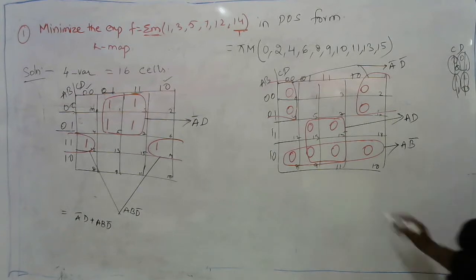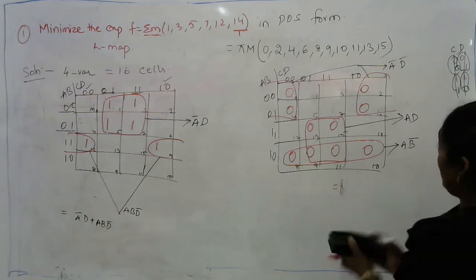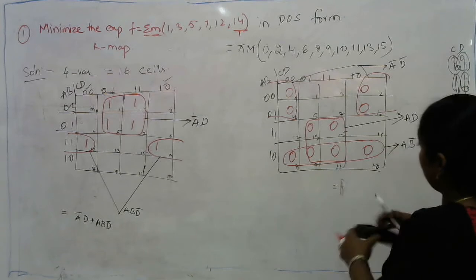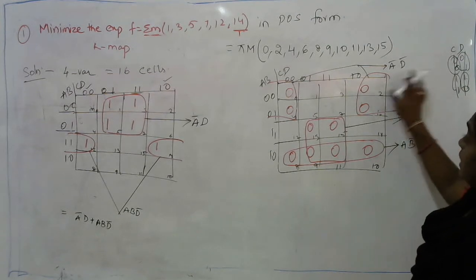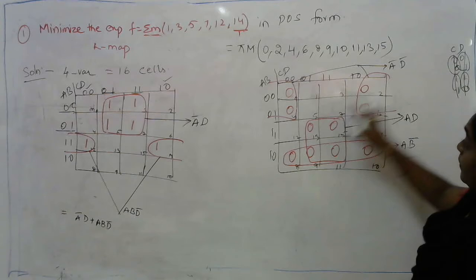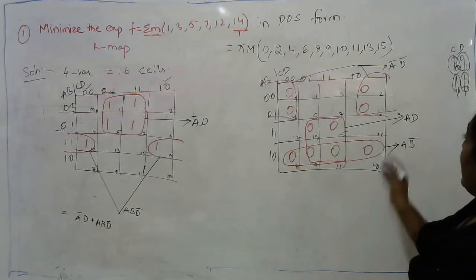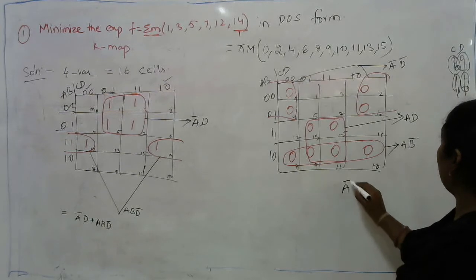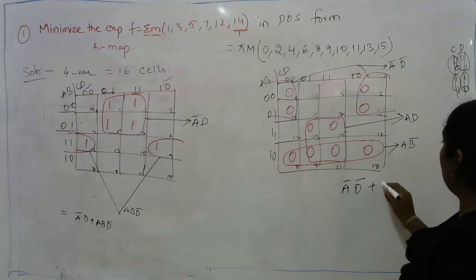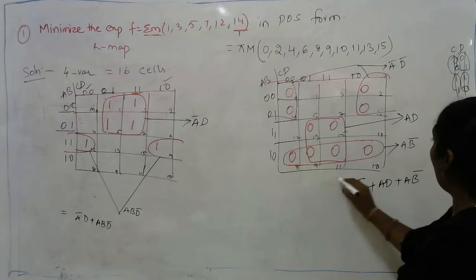So the overall simplified expression: as we are doing this in the opposite direction, whatever I have written is an SOP, but the terms which I have taken are in the POS. So as I have written it in the POS form, I can write A bar D bar plus AD plus A B bar, whole bar.